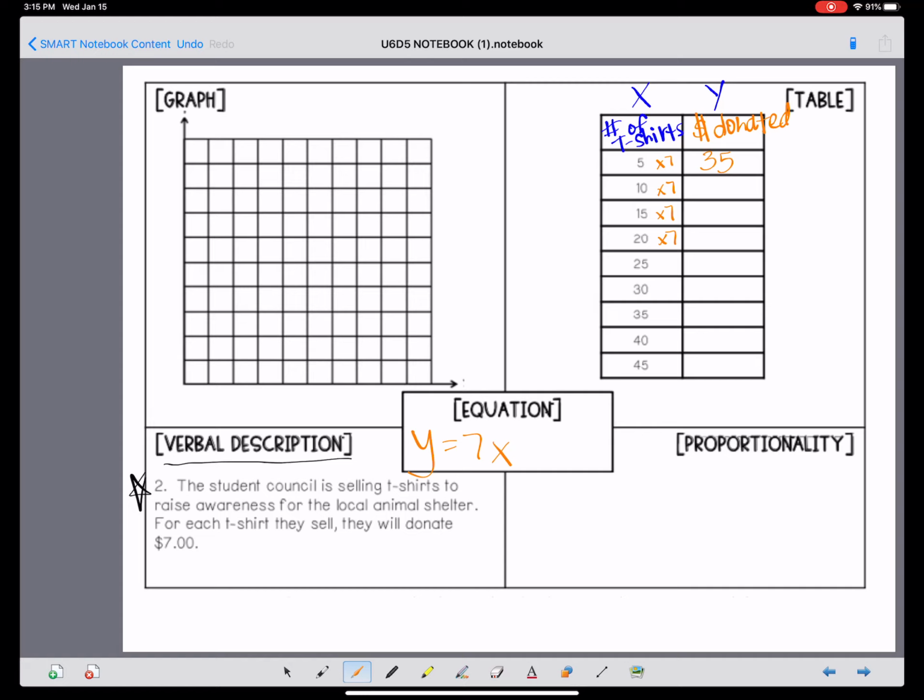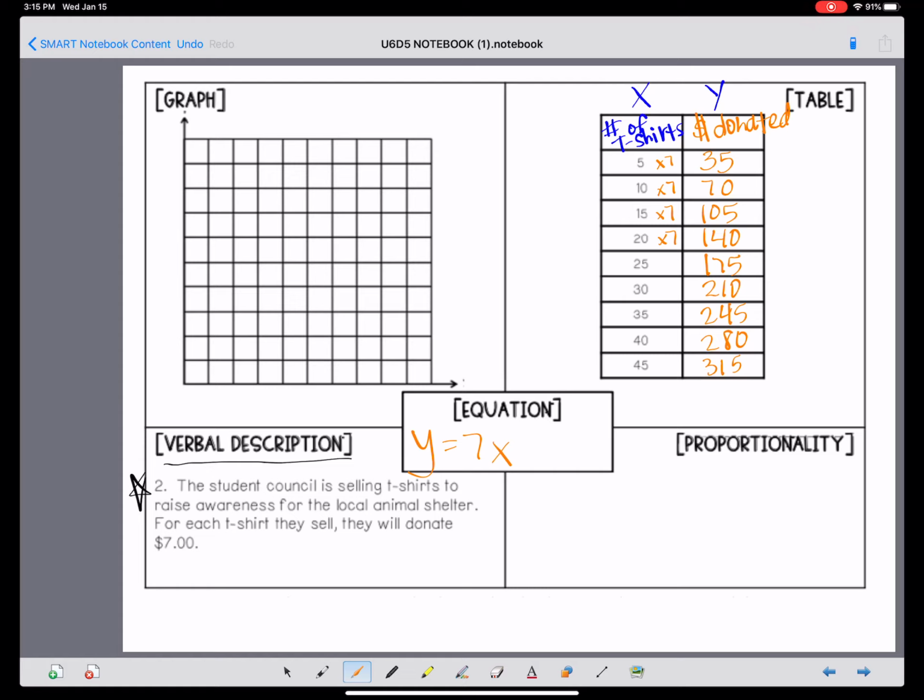And then I'm going to go ahead and fill in this table all the way down. All right, so my answers for the next one, if I just kept going, I'd get $70, and then $105, and then $140, and then $175, $210, $245, $280, and $315.